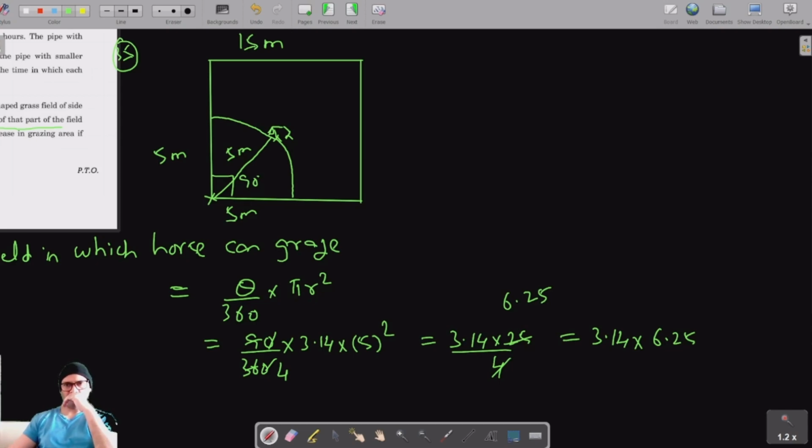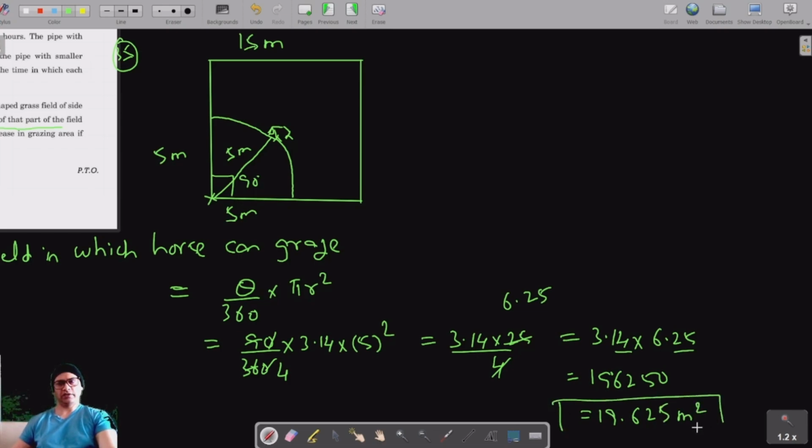So this is 314 into 625, which will give us 196250. So it's 19.625. We can say 19.625 meters square is the area that the horse can graze.